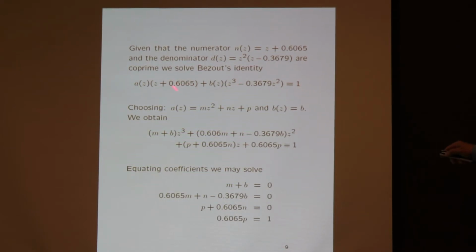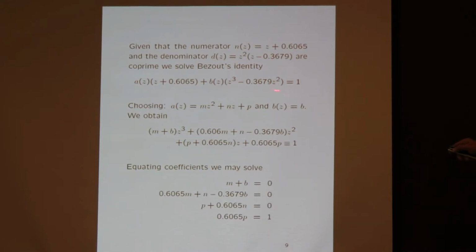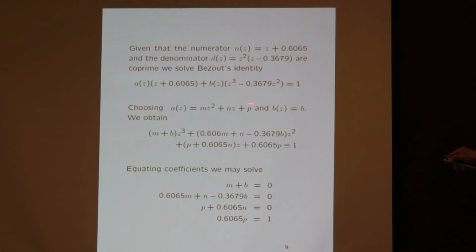And we postulate that the first polynomial is quadratic in z, and the second polynomial is constant. Then we will have the possibility of solving for the coefficients of these polynomials A and B. And when you do that, you obtain a set of equations for the coefficients M, N, P, and B.